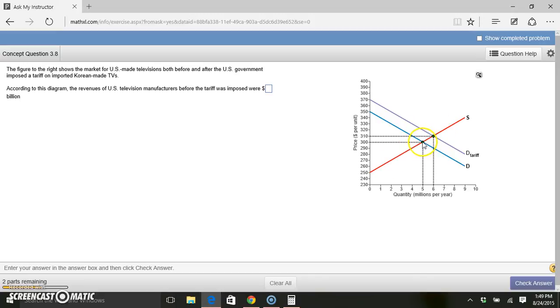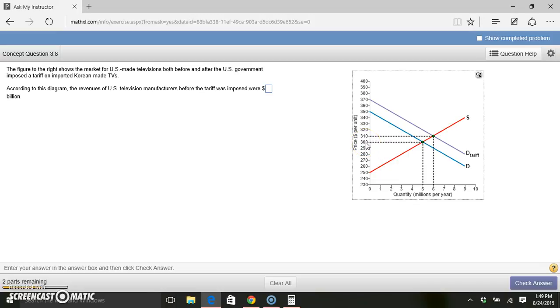The equilibrium's where they cross. We see that they sold 5 million TVs, and what did they sell them for? They sold them for $300 per unit. So the vertical line here is price in dollars per unit. So they sold 5 million TVs, and they sold each one for $300.